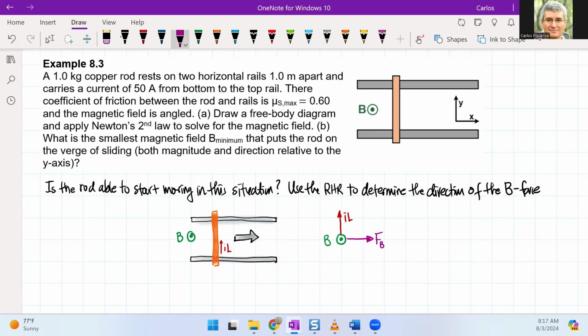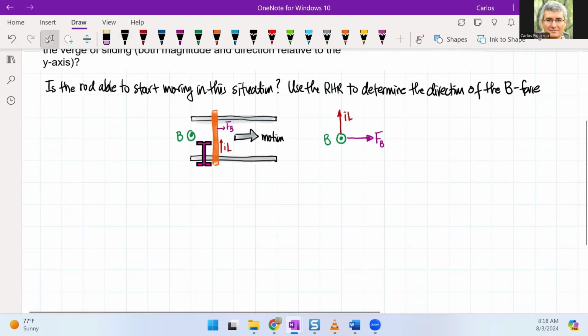We're talking about it being on the verge of moving, but at least we know that the magnetic force is going to be in the right direction. So once again, if the force is large enough, the copper rod will accelerate.